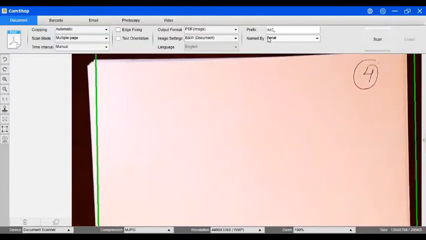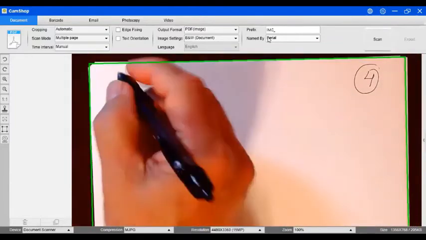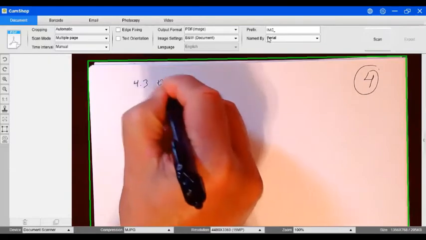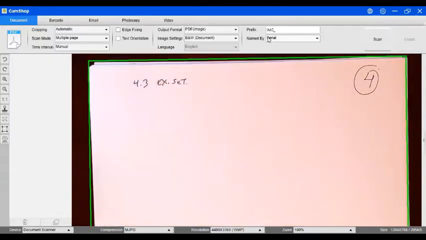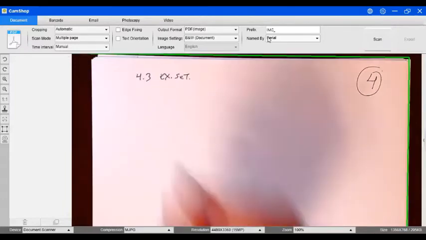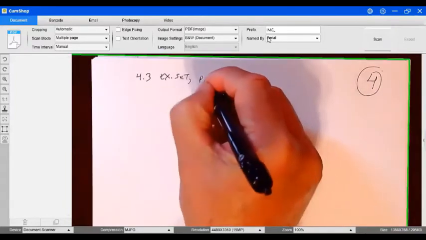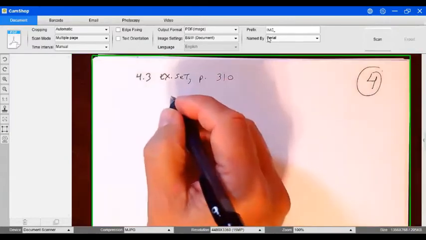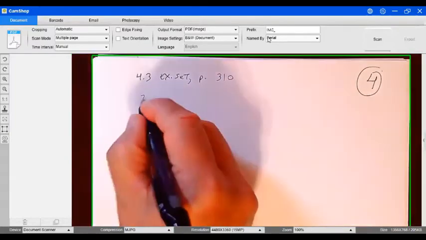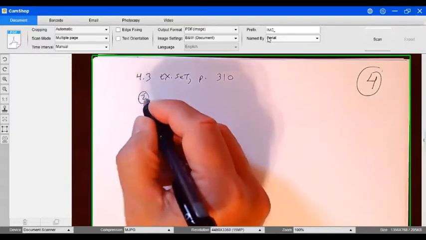They are from 4.3 exercise set on page 310. So there are many systems. It's important to work in as many as possible.